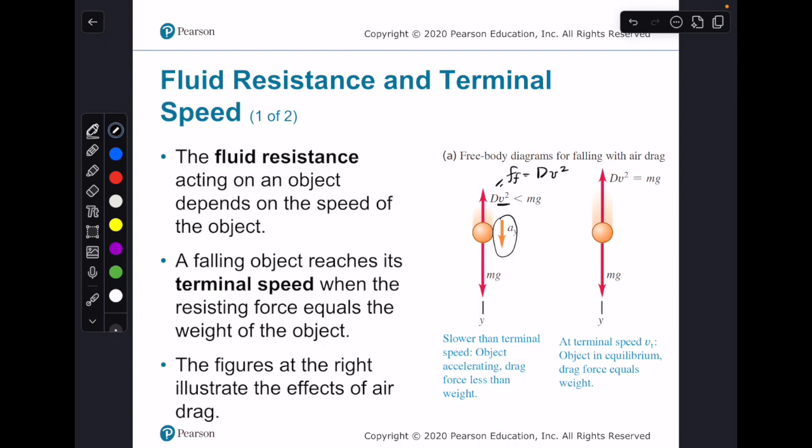And there's a special case of fluid resistance, and that is when you have an object falling in air, okay? And when it's falling in air and the object reaches a terminal speed, it stops accelerating, in other words.